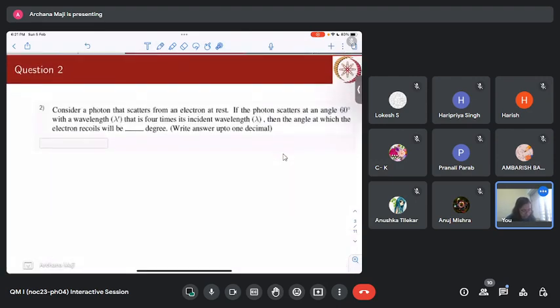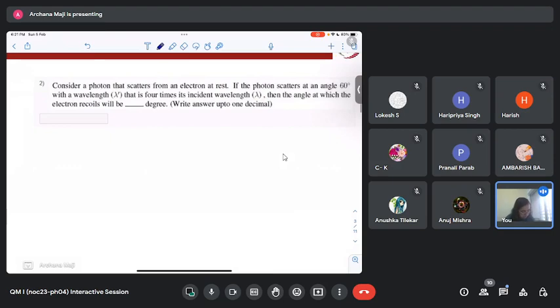Second question: we consider a photon that scatters from an electron at rest. If the photon scatters at an angle of 60 degrees with a wavelength lambda prime that is 4 times the incident wavelength, then at what angle will the electron recoil? So what we need to do is basically momentum conservation.